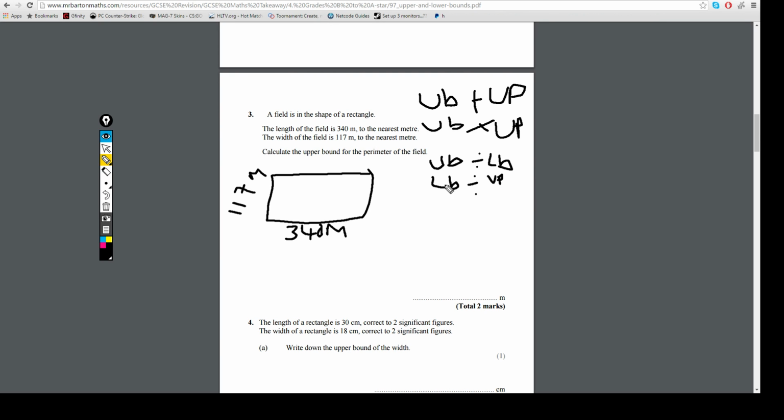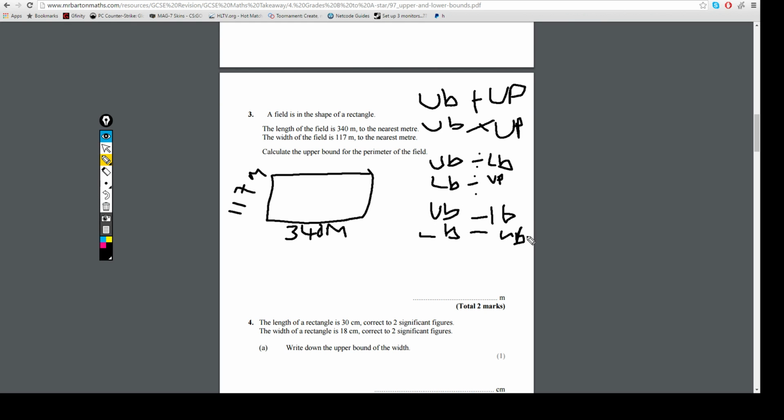This will always be upper bound. This will be lower bound, because that'll be at the start. I think you get me, because the lower's at the start and upper's at the start. This method applies to subtraction as well. So it'll always be upper bound subtract lower bound, and lower bound subtract upper bound.